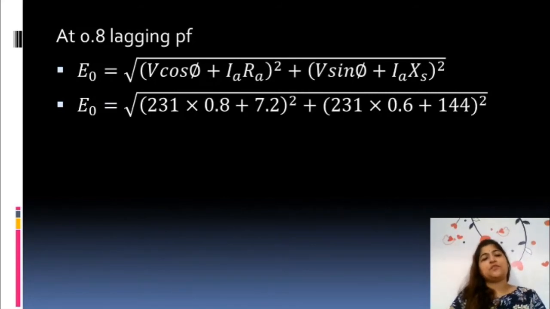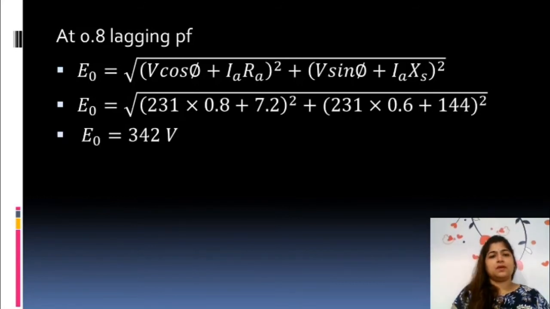So come on, substitute everything in the equation of EMF and get me the EMF induced. So EMF induced comes out to be 342, correct? 341.84. If you are getting decimals, please consider proper decimals to get the answer. Okay. So 342 volts is the EMF induced.